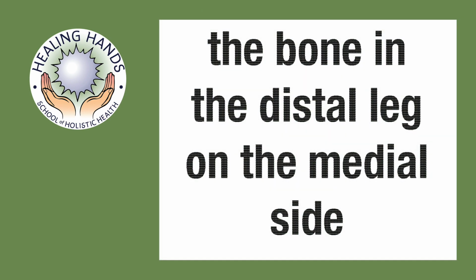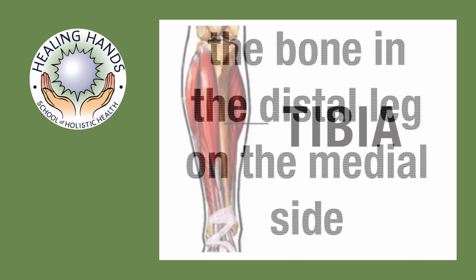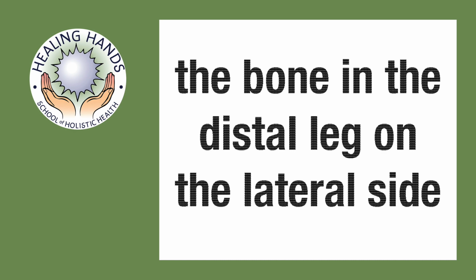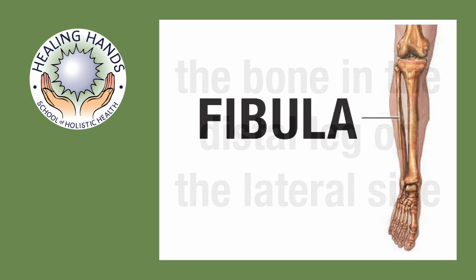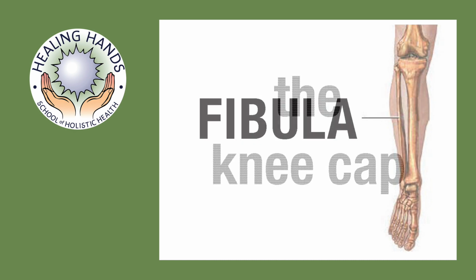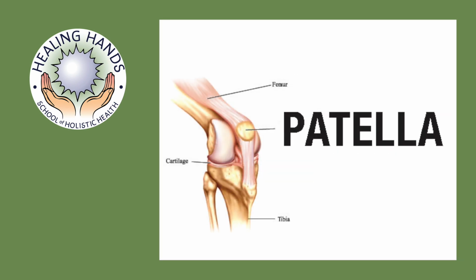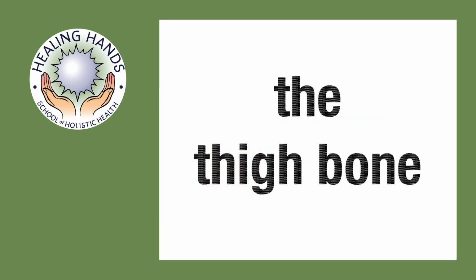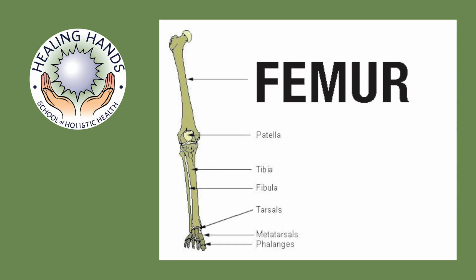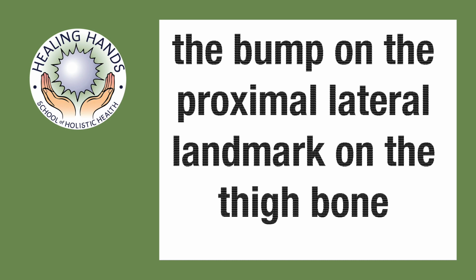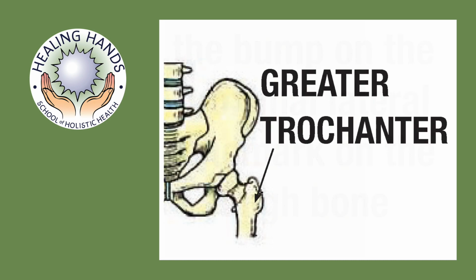The bone in the distal leg on the medial side is the tibia. The bone in the distal leg on the lateral side is the fibula. The kneecap is the patella. The thigh bone, proximal leg bone, is the femur. The proximal lateral bump on the thigh bone is the greater trochanter.